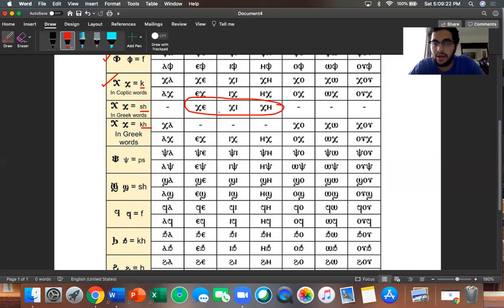Very easy. Only when these are in Greek words. I'll highlight it here, in Greek words. So in Greek words, if this letter comes before a vowel that's an E, iota, or eta, it's a sh sound. So it's she, she. And we'll learn which words are Greek when we look at vocabulary words in future videos.